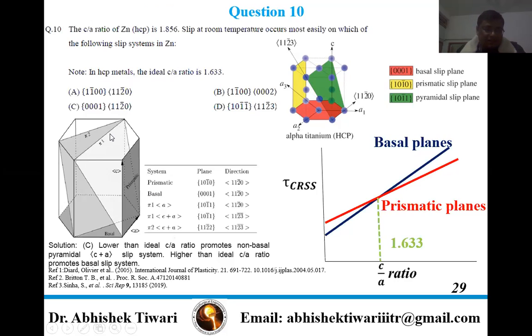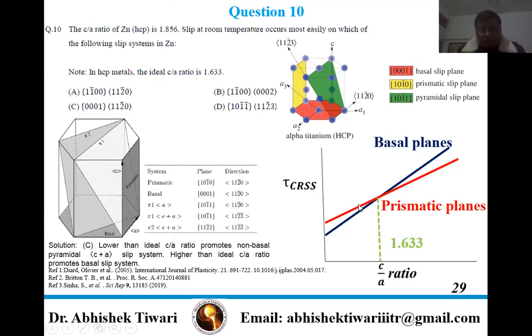These are the typical slip systems available for HCP, and a lower than ideal c/a ratio promotes the non-basal pyramidal c plus a slip system, and a higher than ideal c/a promotes the basal slip system. Here c/a is 1.856, which means it will promote the basal slip system.